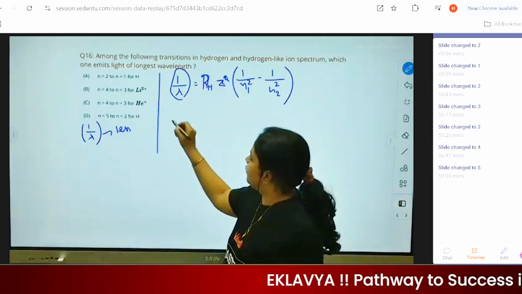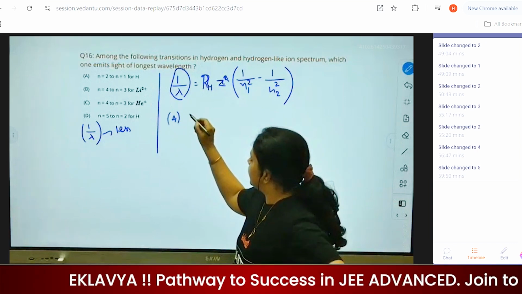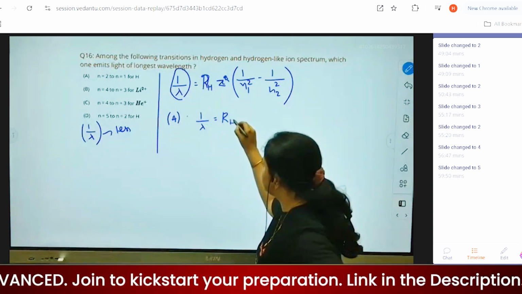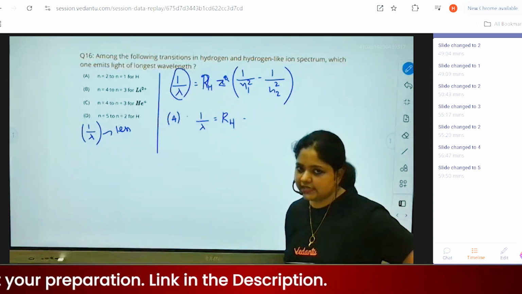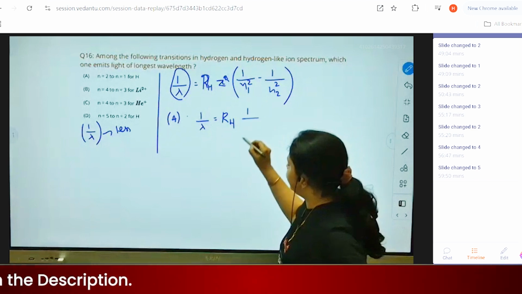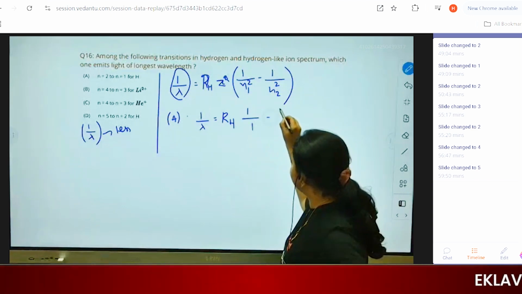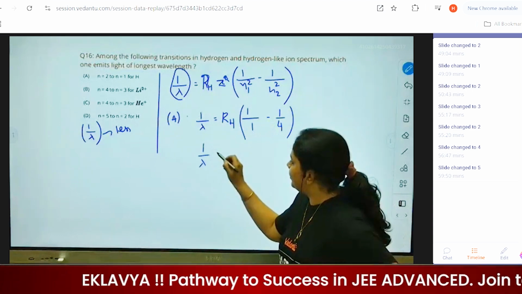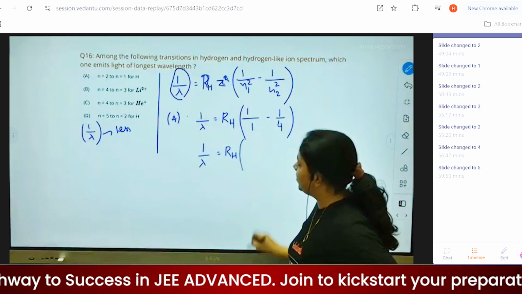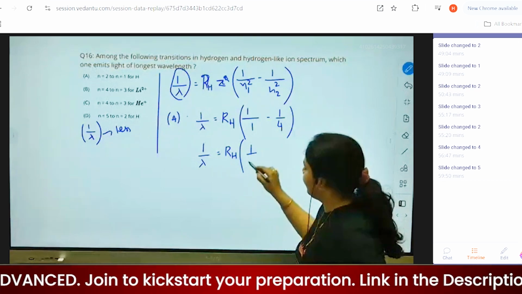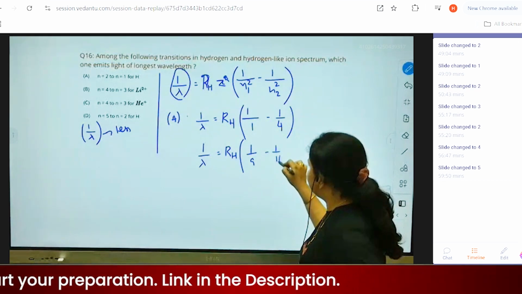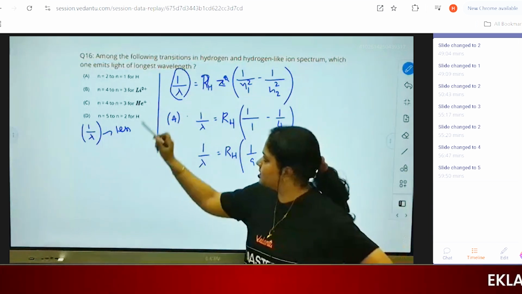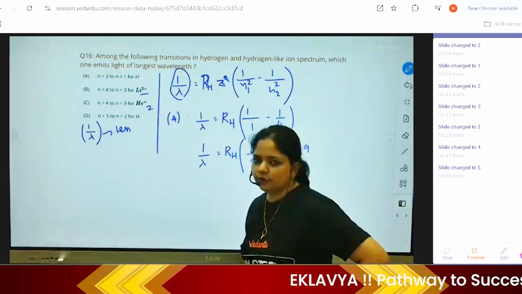Like for the first one, option A, how to do it? Here 1 by lambda is equal to RH into, for hydrogen Z is equal to 1, 1 divided by 1 minus 1 by 4. Fine. Second one, 1 by lambda is equal to RH into 9, because 3 square, into 1 by 9 minus 1 by 16. Lithium's atomic number is 3, helium's atomic number is 2.